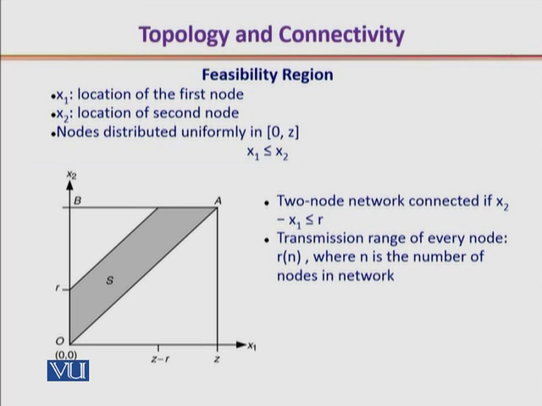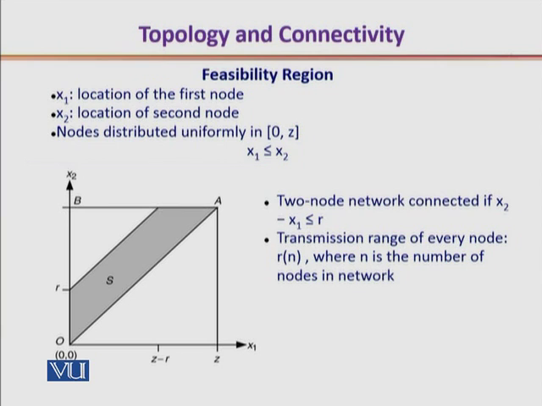or equal to the location of the second node. It means that node 2 is farther from the reference or starting point of the topology, and node 1 is closer to the origin or starting point of the overall topology.